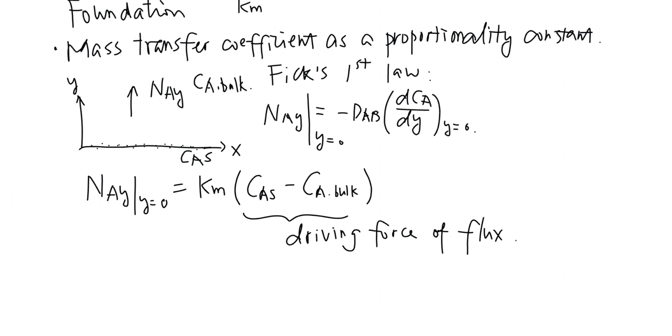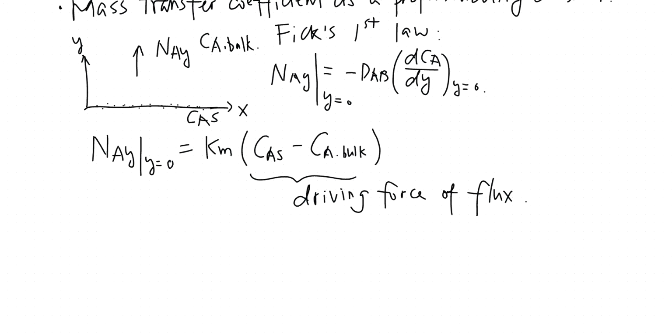If you compare these two, you may figure out what Km would be. This is what we are going to use later, how to estimate this. But right now, let's just accept this equation. And this is flux.